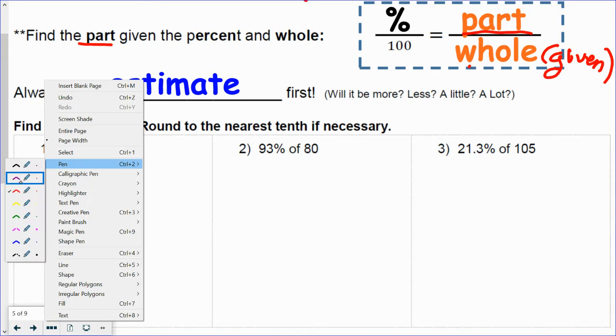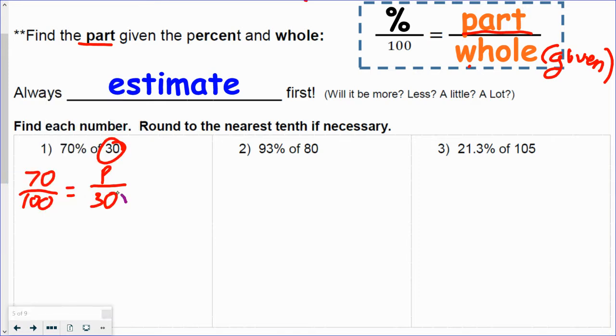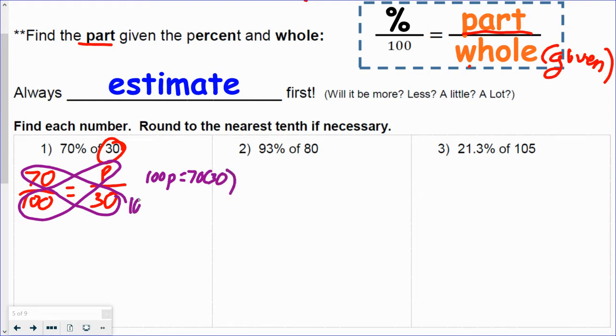Then this is where knowing how to do your cross products and making a one-step equation come into play. I have 100p equals 70 times 30, so 100p equals 2100.